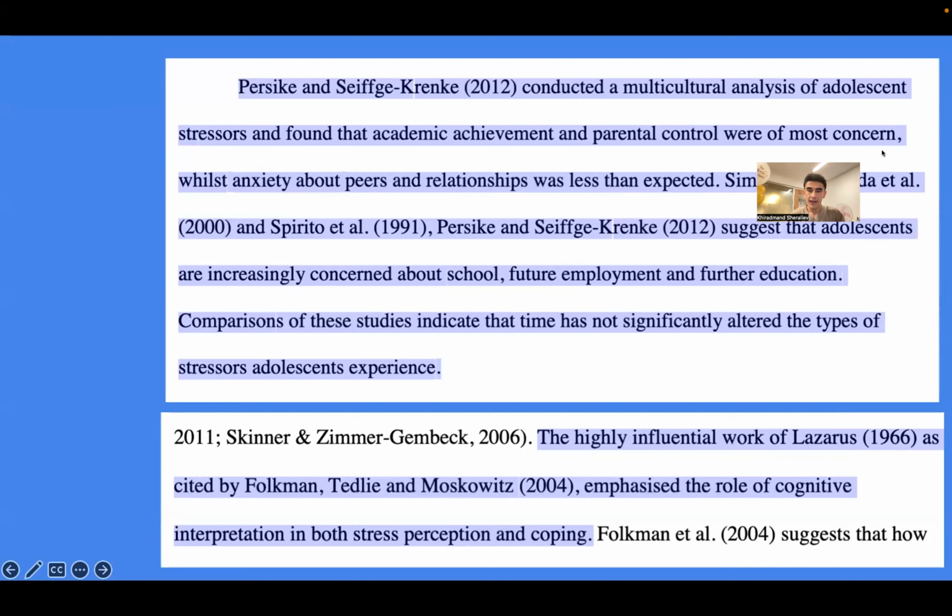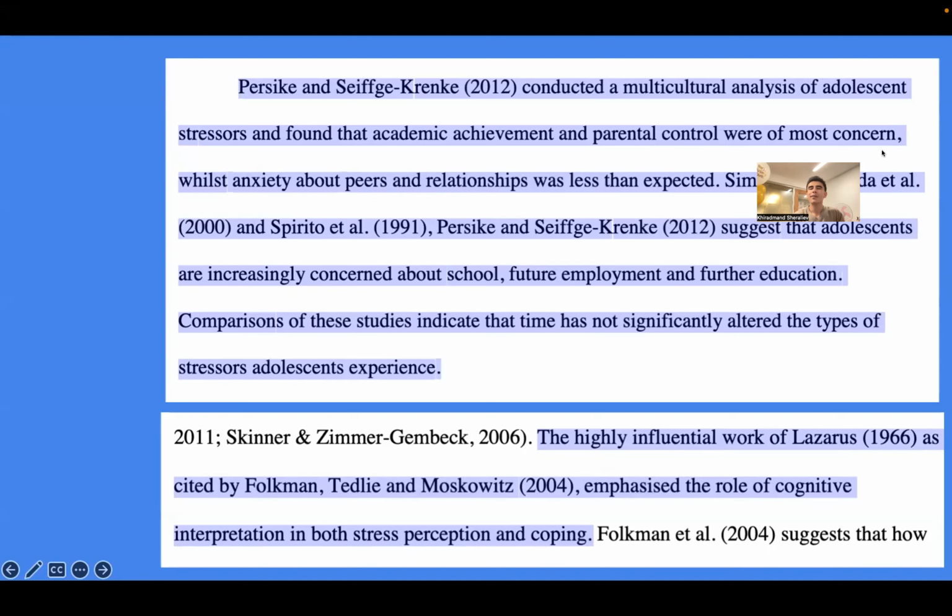Comparisons of these studies indicate that time has not significantly altered the types of stressors adolescents experience. The highly influential work of Lazarus, 1966, as cited by Folkman, Moskowitz and others, emphasized the role of cognitive interpretation in both stress perception and coping.